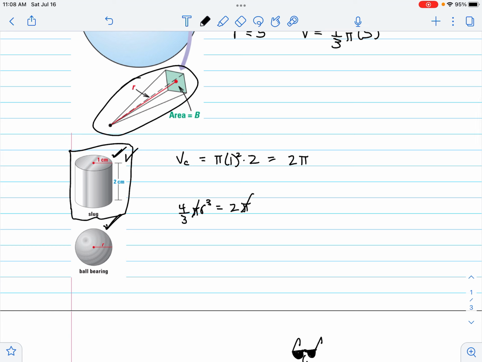First of all, the pi's divide out, and the 2's also, and we've got 2/3 r cubed equals 1. Now if I multiply, I get r cubed is equal to 3/2, and that would give me r is equal to the cube root of 3/2. So that's what the radius will end up being for this ball bearing that we make out of this slug.